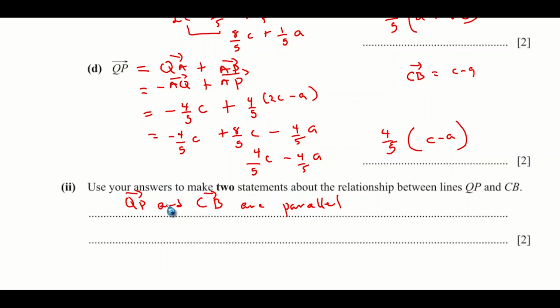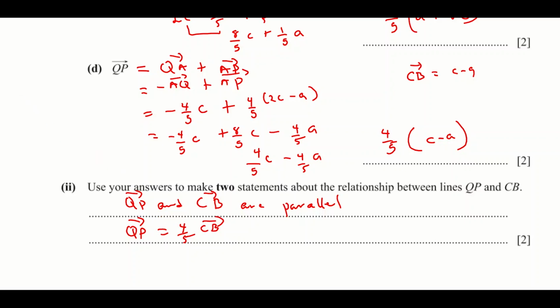Another statement I can write is, instead of writing C minus A, I'll just put QP equals 4 over 5 CB. So those are the two statements I can write here.